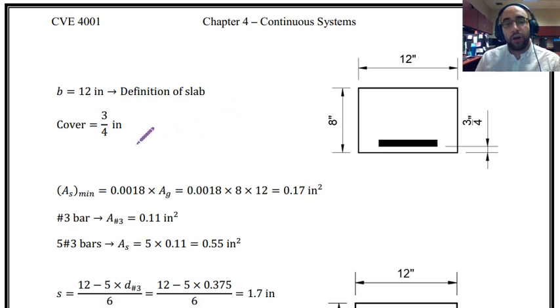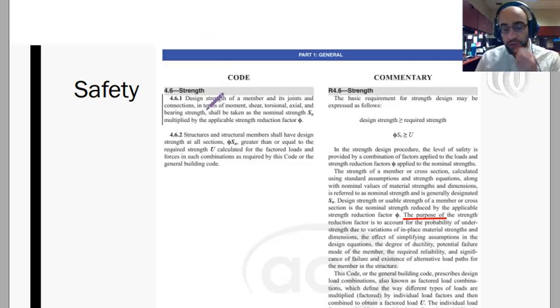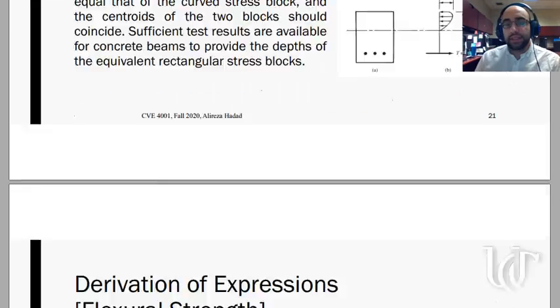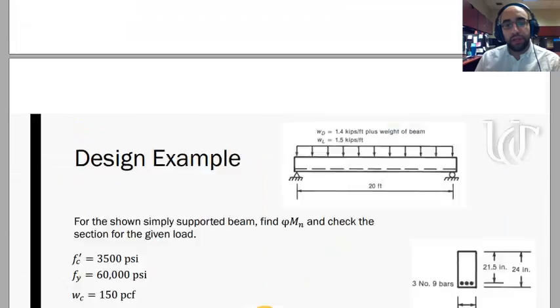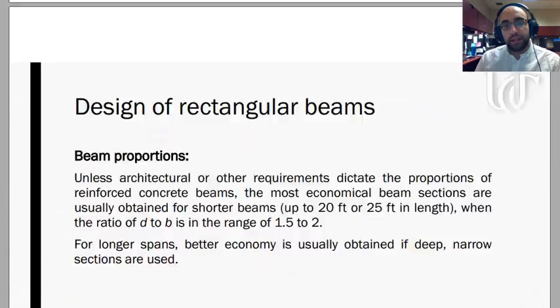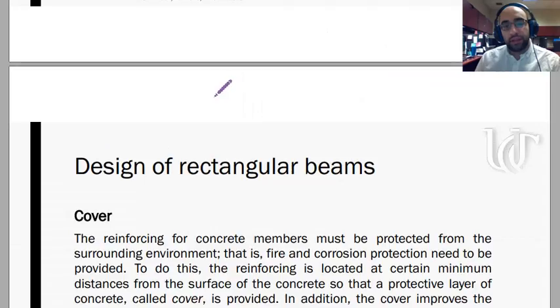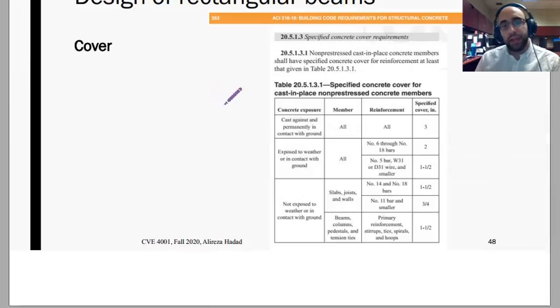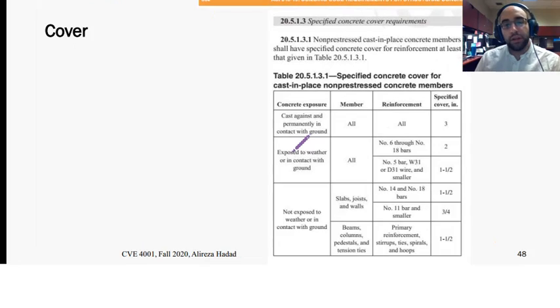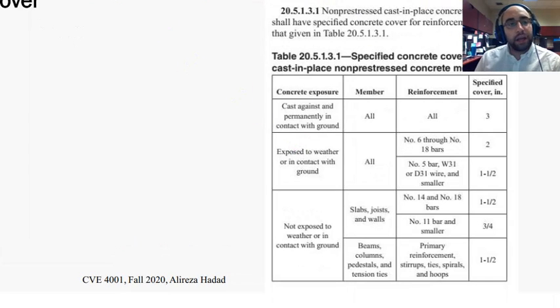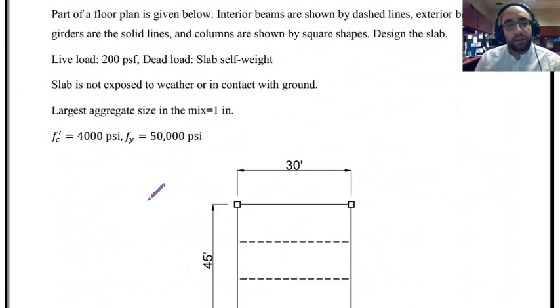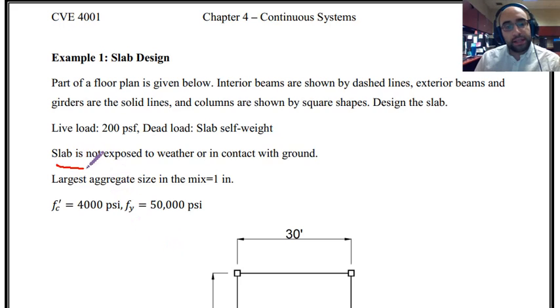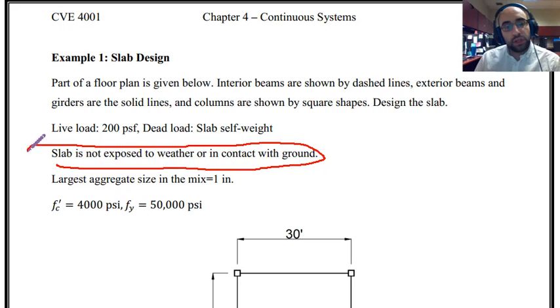Now we have to see how much cover we need to provide for this situation. For the cover, we have to use the same table that we used for beams. The only thing is that we just need to look at the part that was about the slabs. Over here, we are designing a slab. At first, I have to see the conditions. It says a slab is not exposed to weather or in contact with ground.